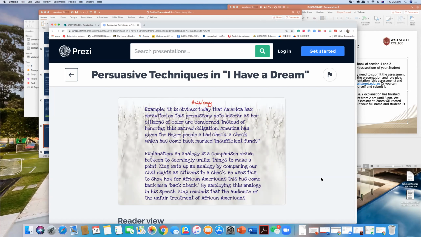So this is one usage of analogy. You can have a look. A bad check, right?